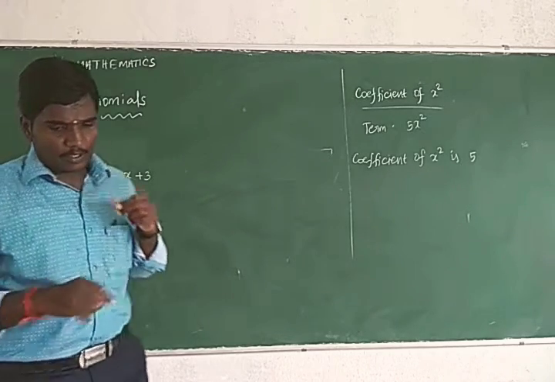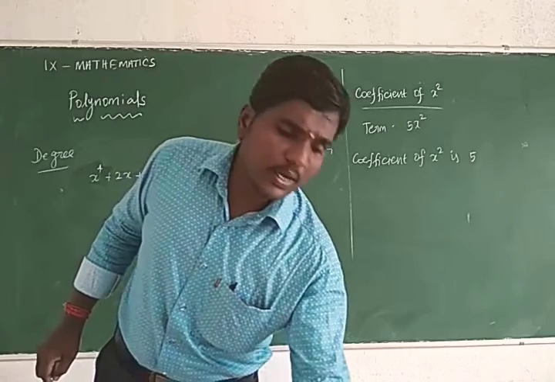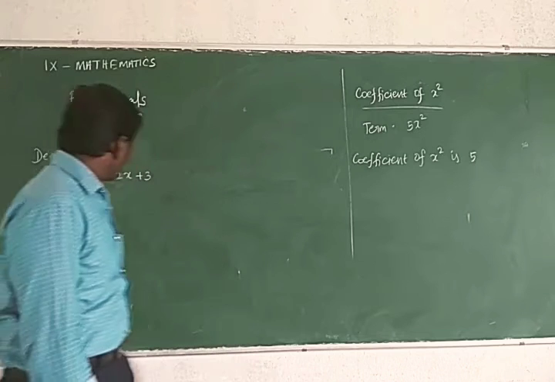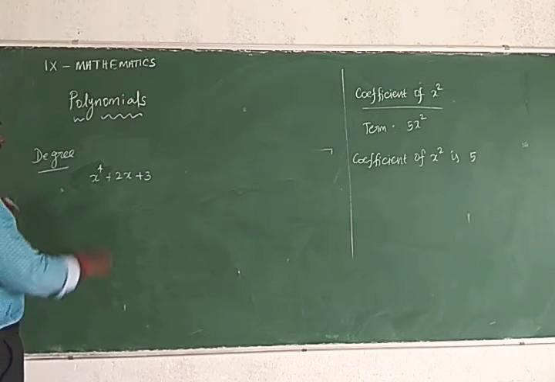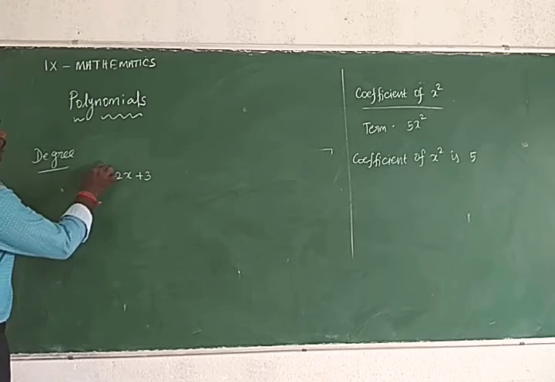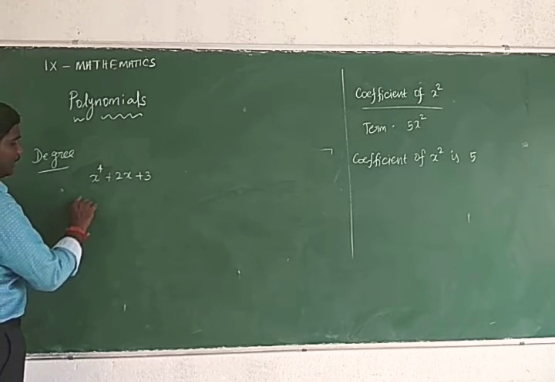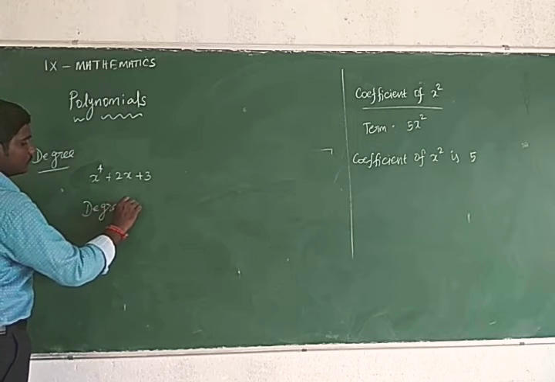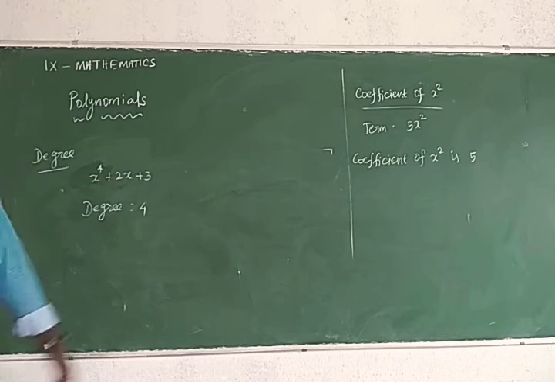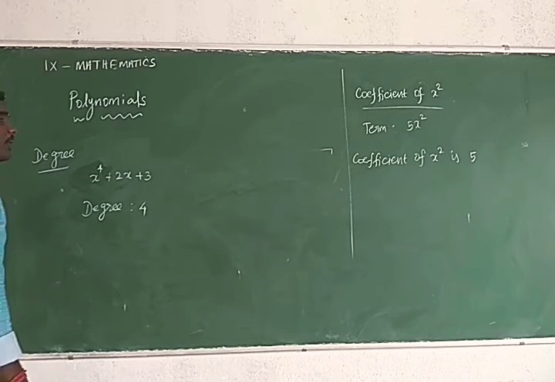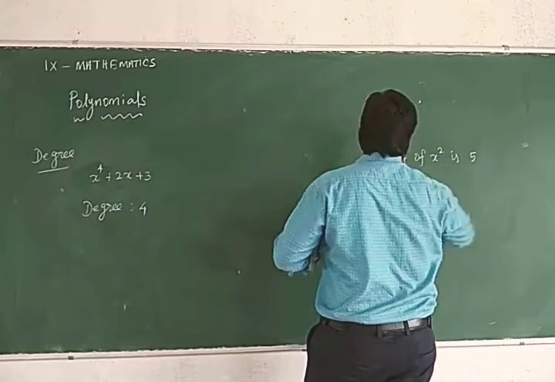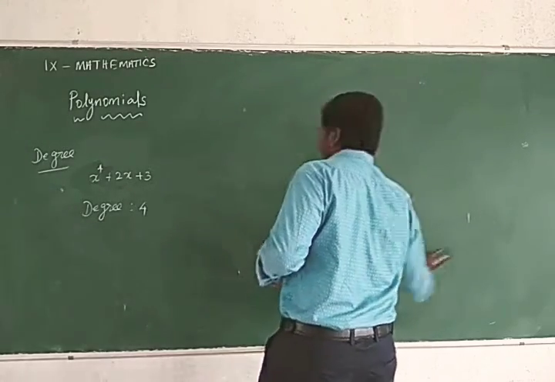Which one is the highest power? Here the powers are 4, 1, and 0. The highest power is 4, so the degree of this polynomial is 4. The highest power is called the degree.